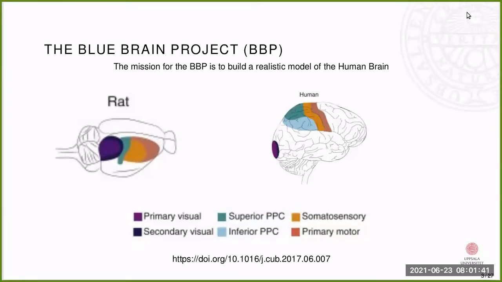To begin this process, they had a proof of concept where they modeled some of the microconnectome in the rat's brain. In particular, they looked at the somatosensory region. And there's a view to scale this up to the human brain at some point.